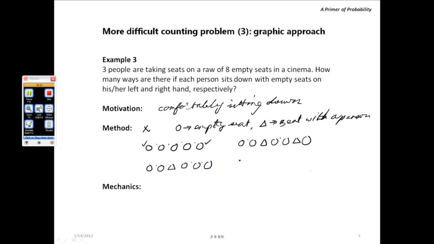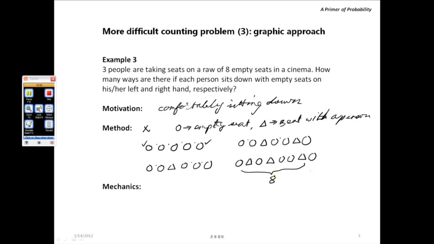So we can draw triangle, circle, triangle, triangle, and we count all the numbers 1, 2, 3, 4, 5, 6, 7, 8. So there are totally in a row 8 seats.